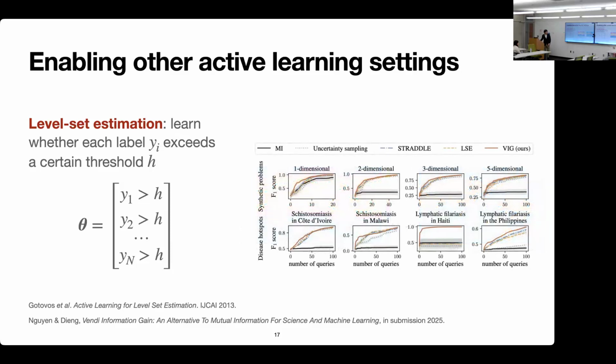Okay, so we found that by using this diversity-based uncertainty quantification method, we're able to realize a level set estimation active learning policy that is able to outperform the baselines within the level set estimation literature as well.